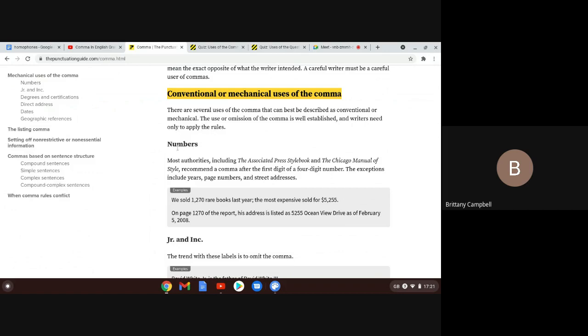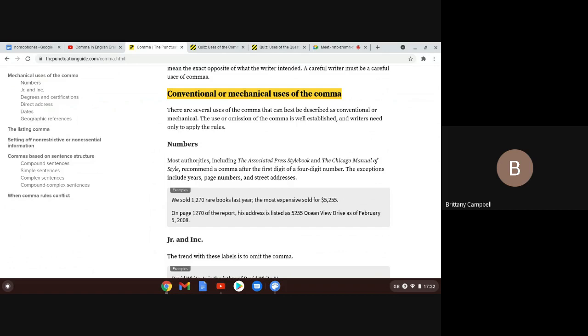All right, so for numbers, it says most authorities, including the Associated Press Style Book and the Chicago Manual of Style, recommend a comma after the first digit of four-digit numbers. The exceptions include years, page numbers, and street addresses. So pay attention to that.